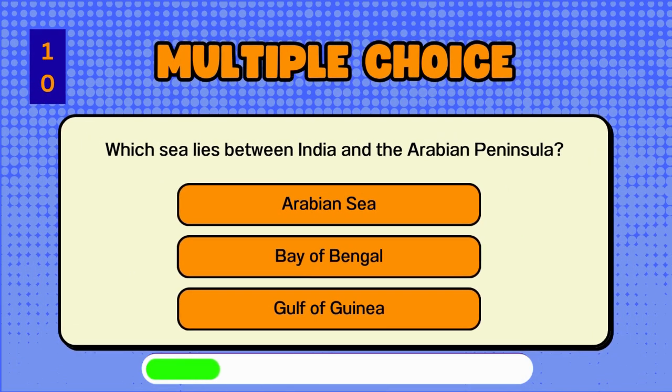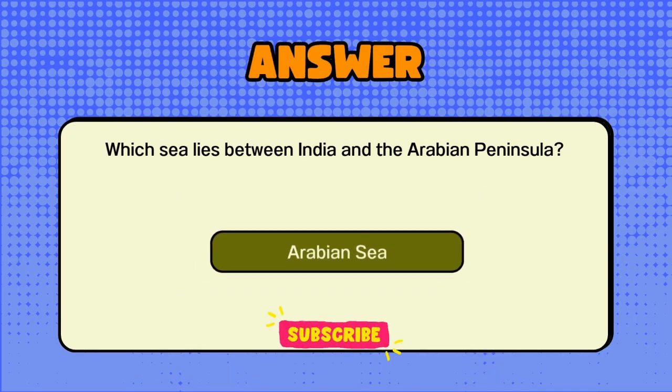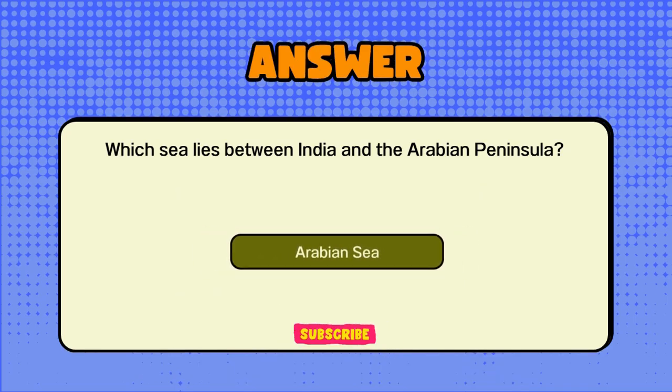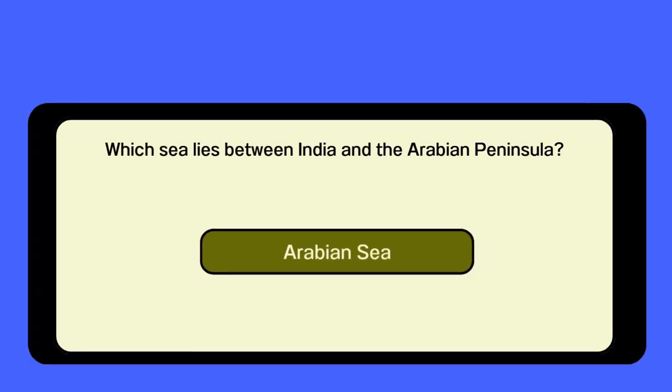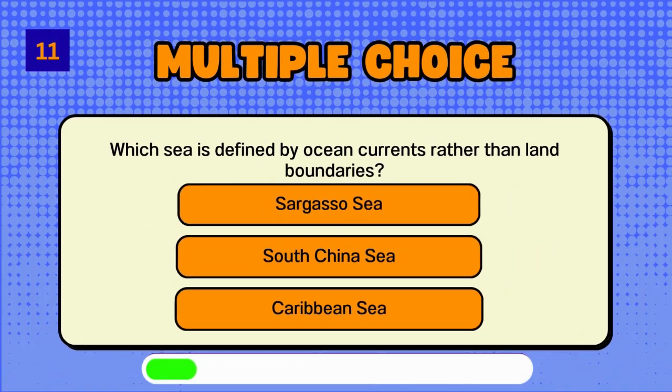Which sea lies between India and the Arabian Peninsula? Which sea is defined by ocean currents rather than land boundaries?